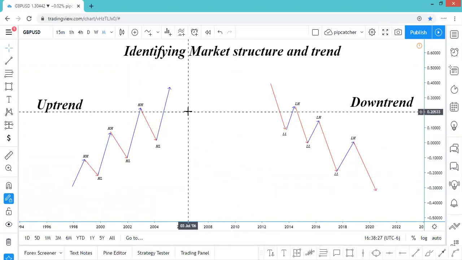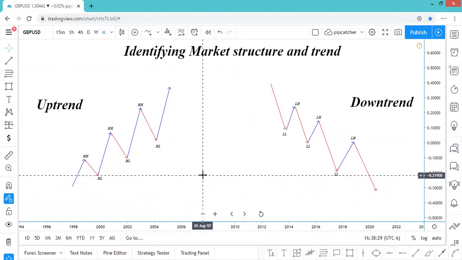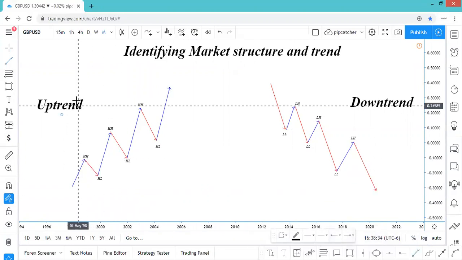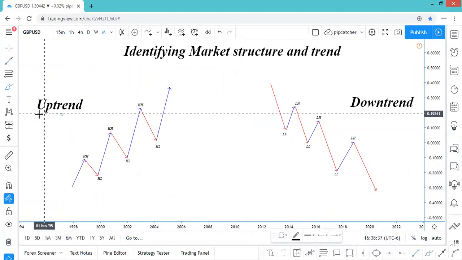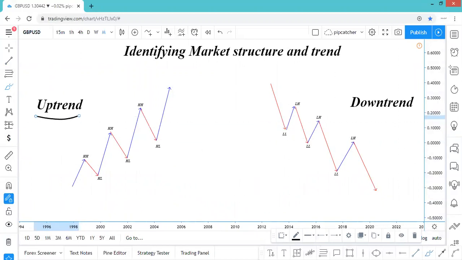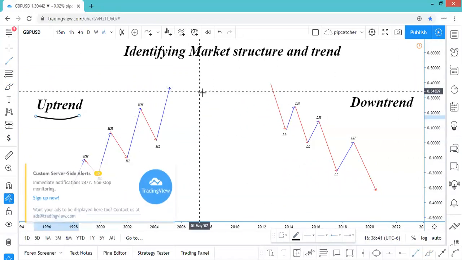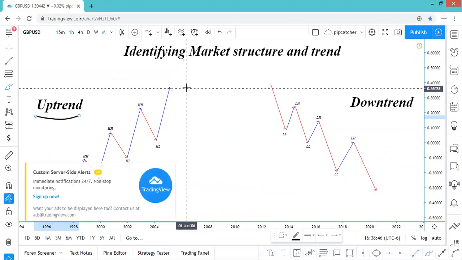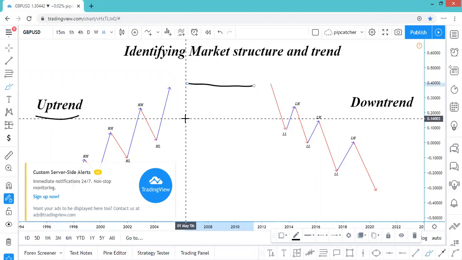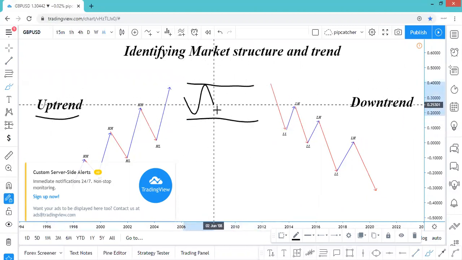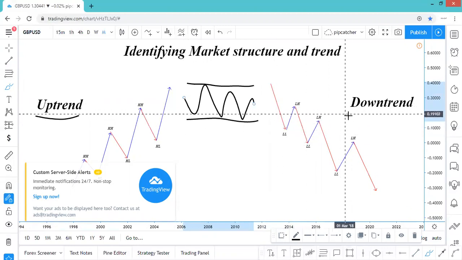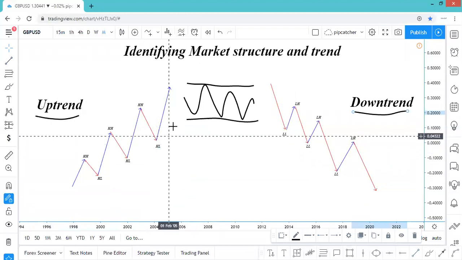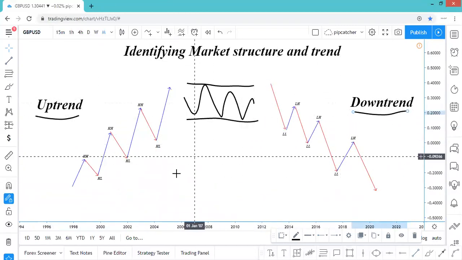So there's only three directions that the market can go in. That's either we are in an uptrend, or we have a consolidated phase in between, like this, right? So consolidation, and then downtrend. Those are the three ways that the market will move.